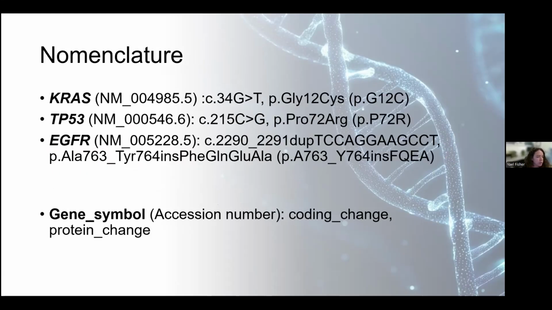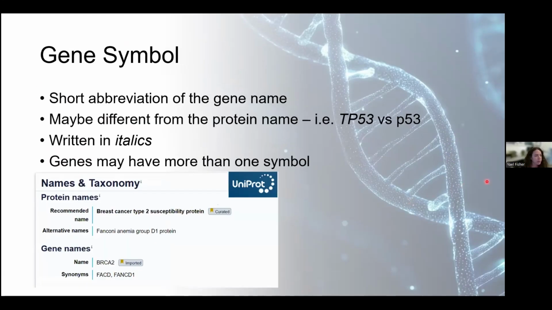Okay, so back to the nomenclature. The first few letters are the gene symbol. And these are short abbreviations of the gene name. Many times they're different from the protein name. So for instance, the gene name TP53 encodes the protein P53. It's customary to write gene names in italics.